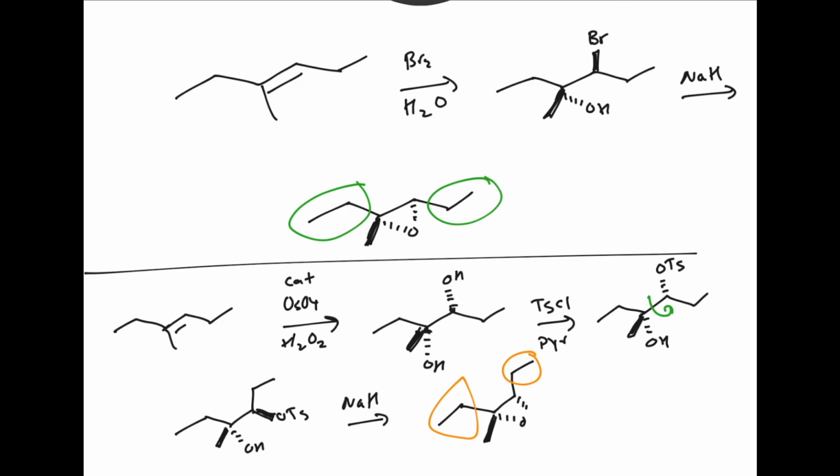They're on the same side, right? So these two different ways of getting to the same kind of setup, which is alcohol beside leaving group, have different stereochemistries in that addition to the double bond, so you can actually get different stereochemistries of your epoxide product, right? You can end up with a situation where your groups are on opposite sides, trans, or they can end up being cis.